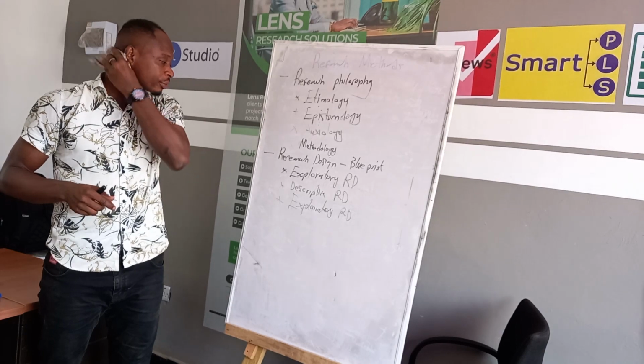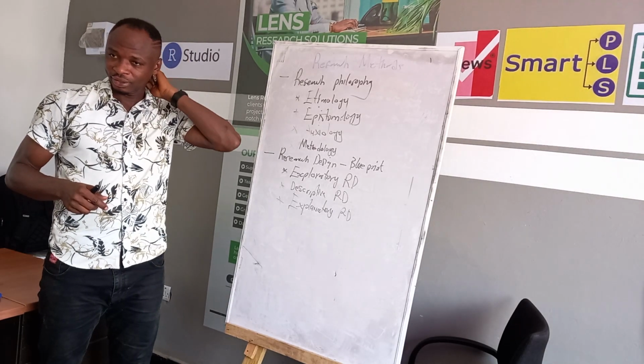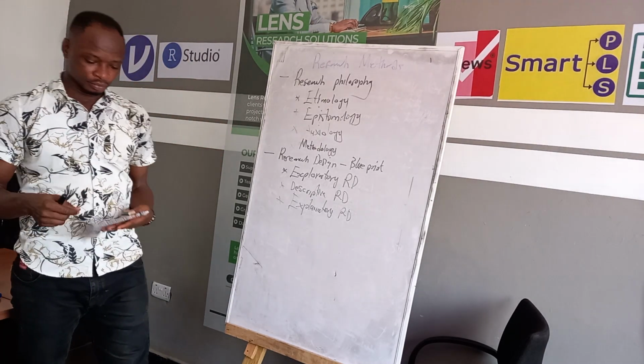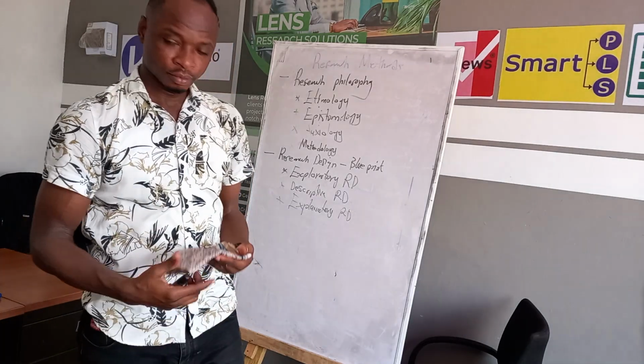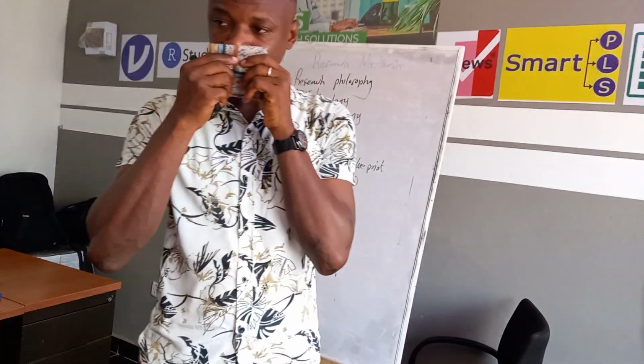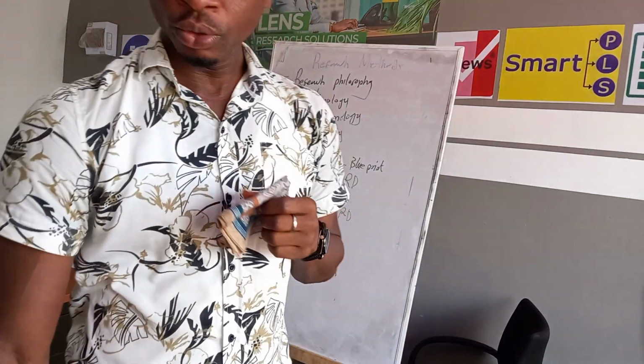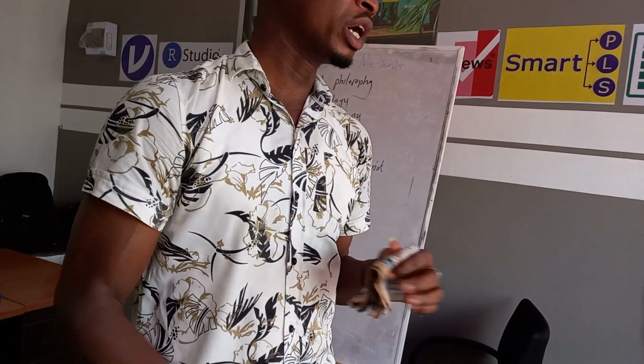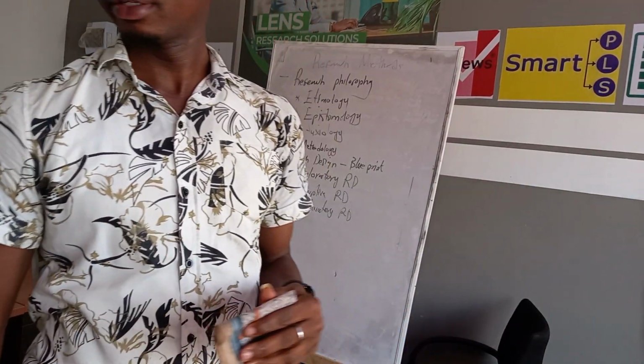So let's look at what we call exploratory research design. To explore means what? Look at diverse areas of other things. So we explore when we don't have much information about the subject matter.